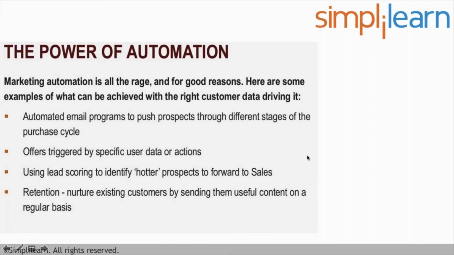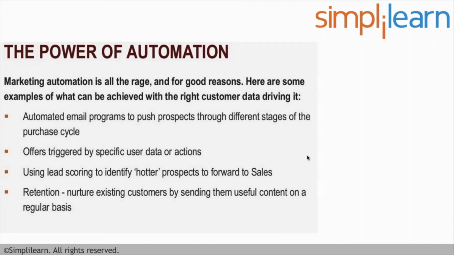Right. So now, if we talk about the automation part, which was the last pointer, marketing automation is absolutely in rage these days, and for all good reasons. And here are some examples of what can be achieved with the right customer data driving it.